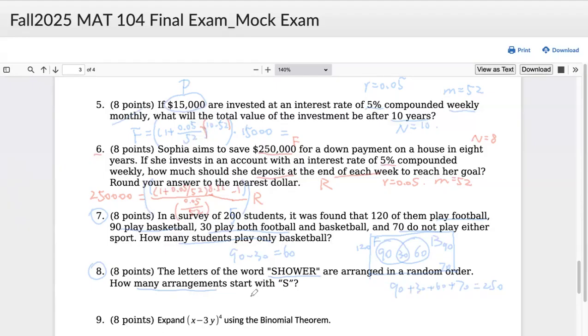But for the second letter, we still have H, O, W, E, R, 5 choices. Then the third letter, we have 4 choices. Right? 3, 2, 1. So basically, it's 5 factorial. If we multiply, we get 120. So the answer for this is 120.